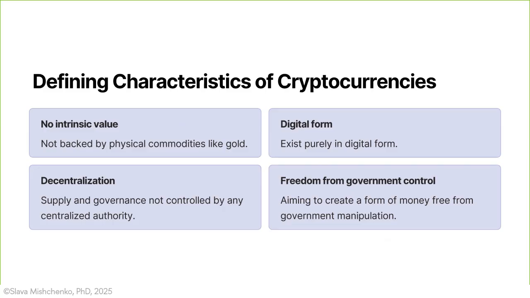No single entity, not a government, not a central bank, no one can control it. And here, what I wanted you to understand is that cryptocurrency exists purely in digital form. This isn't just about replacing paper money with digital numbers, for example.